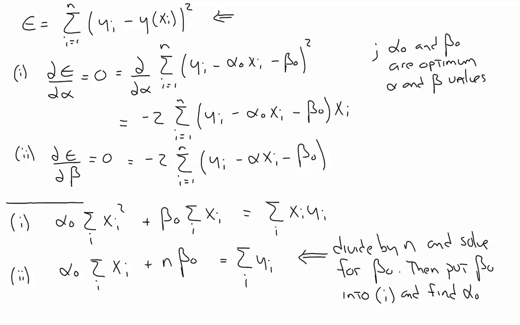Those are the steps I'm going to do. I'm going to take that second equation, divide by n and solve for beta naught, then plug beta naught back into equation 1 and solve for alpha naught. All right, let's do that.